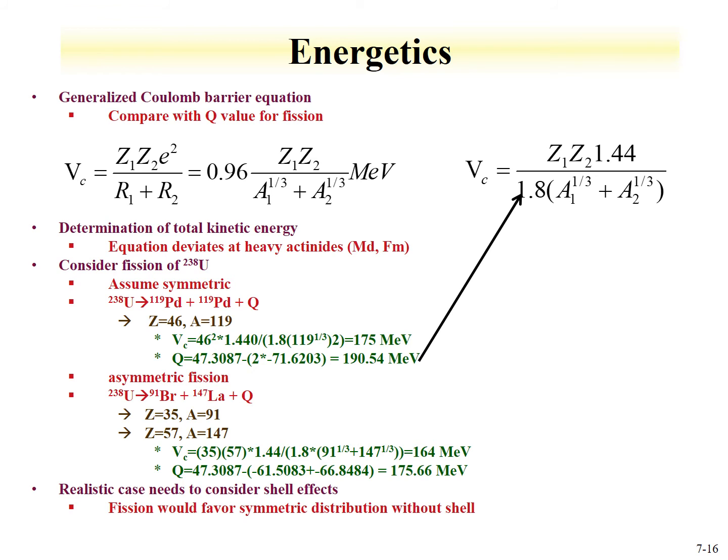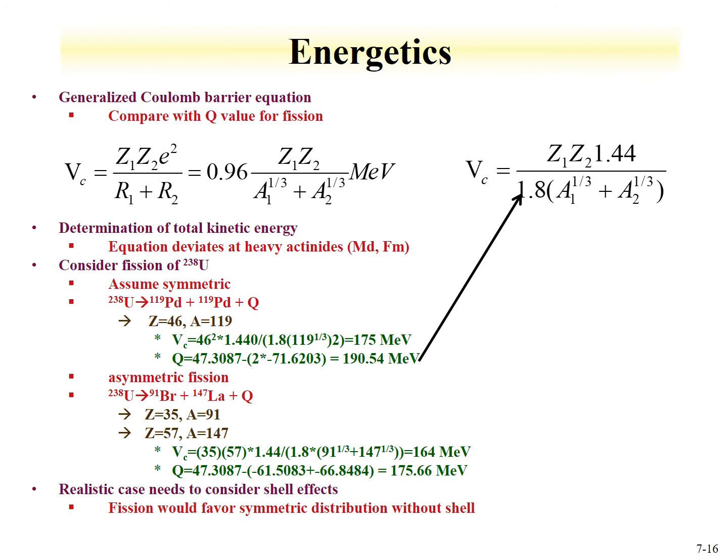So here we assume a symmetric fission, uranium going into palladiums, plus some energy. The Q value is 190 MeV, and the Coulomb barrier is 175. Again, for this symmetric fission, which we know doesn't occur, we see that this is energetically favored towards fission.